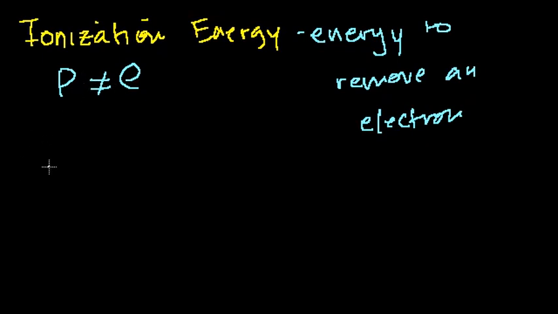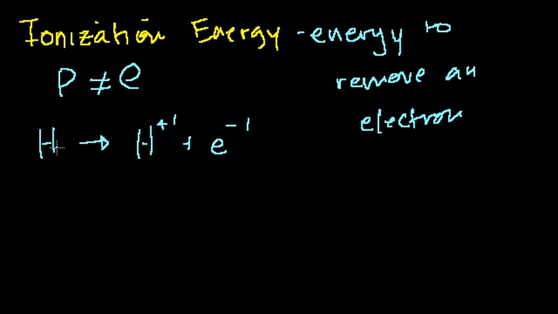So let's say if you have hydrogen, normally it's neutral, right? It has no charge. But let's say you were to remove an electron from it. Hydrogen only has one electron outside, so now it just has a proton on the inside, no electrons on the outside, so now it has a +1 charge. We could write a +1 there.